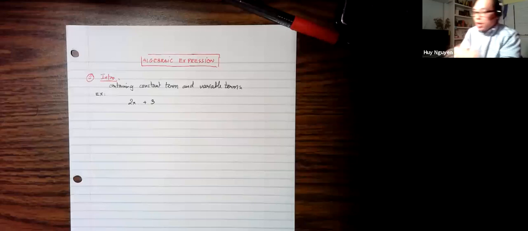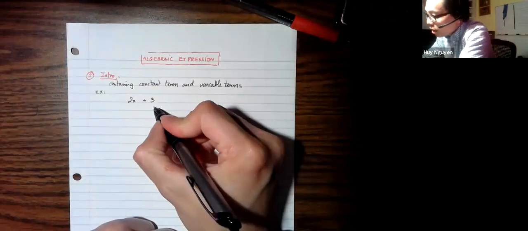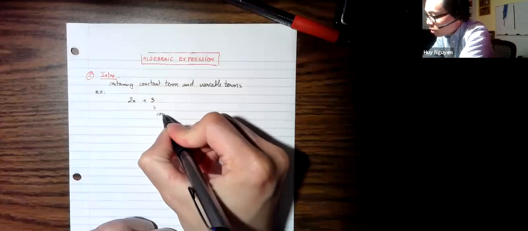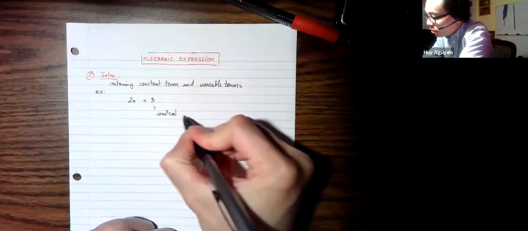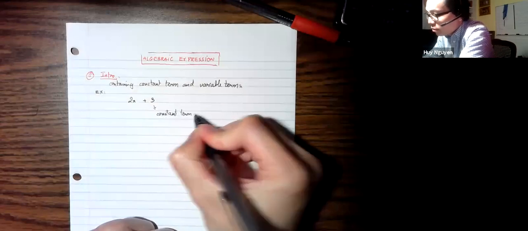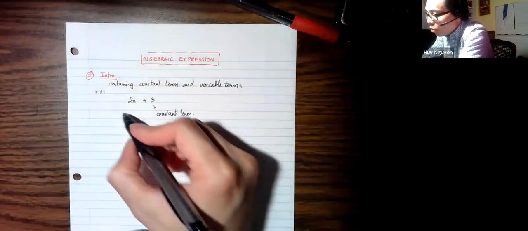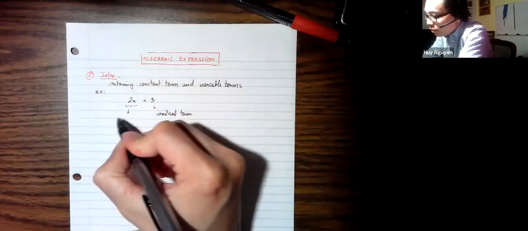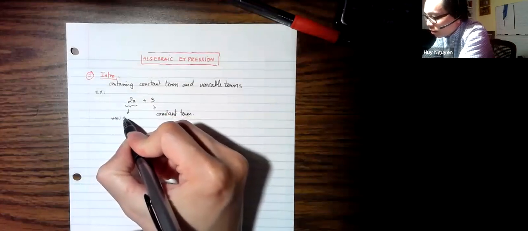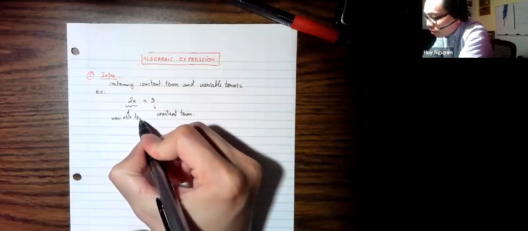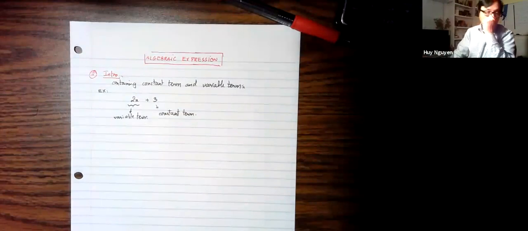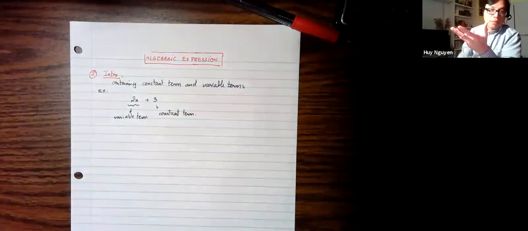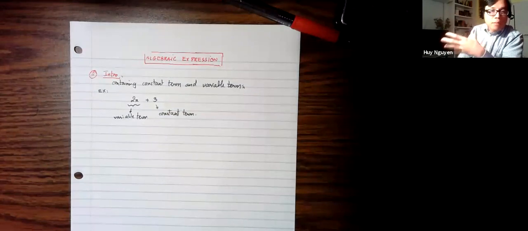We have a number by itself, which we call a constant term. But this one we call a variable term because it contains x. Even though it has a number 2, because it contains x, we call it a variable term. If we have a number by itself, we call it a constant term.